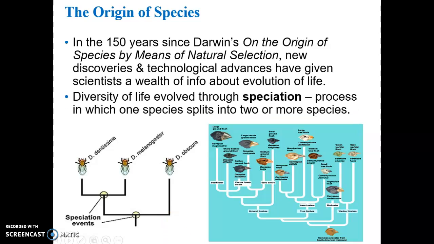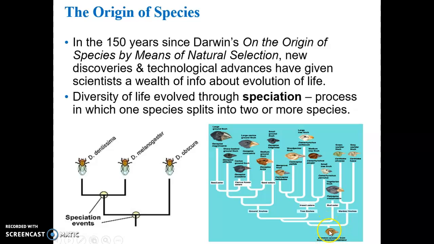The diversity of life evolved through a process called speciation, the process through which an original parental species splits into one or more, sometimes called daughter species. We've talked about Darwin's finches: a small group of finches, most likely, arrived on the islands.